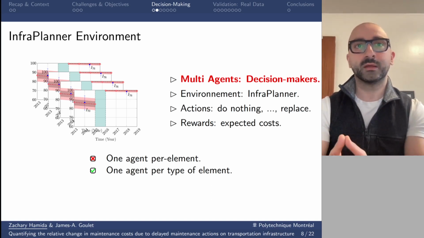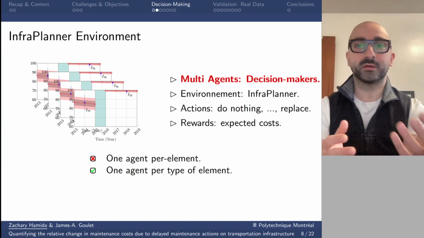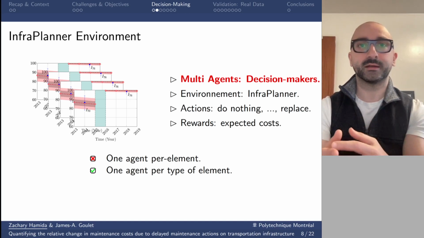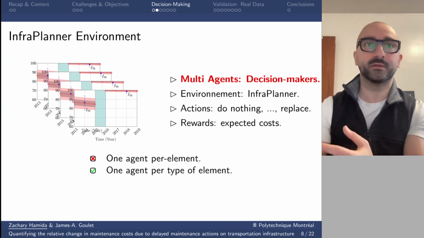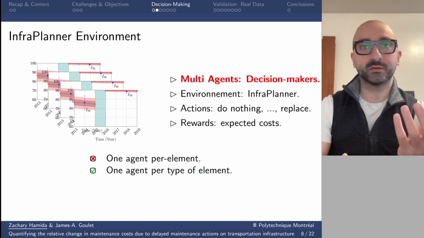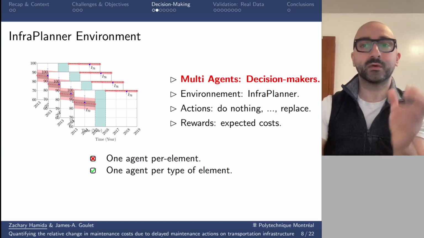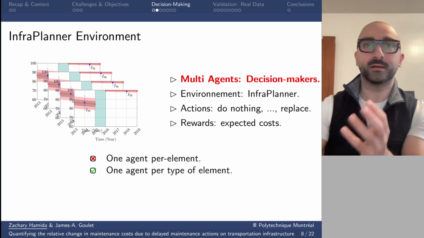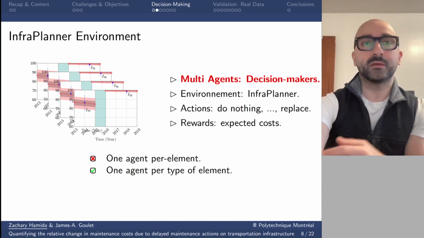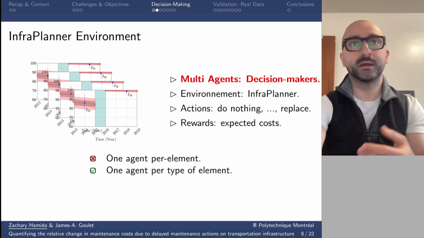For example, if we assume that all the concrete beams are deteriorating in the same way and go through the same type of defects, then we can have one agent that learns the policy for how the concrete beam structural elements are deteriorating over time in bridges. So that's one simplification that would improve the feasibility of applying such a framework.